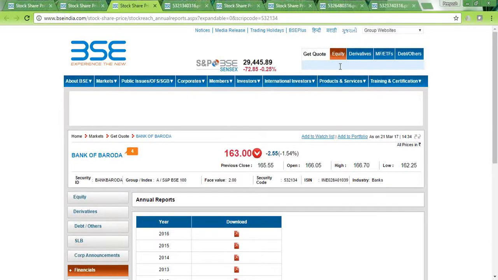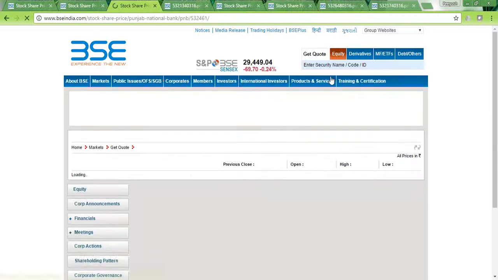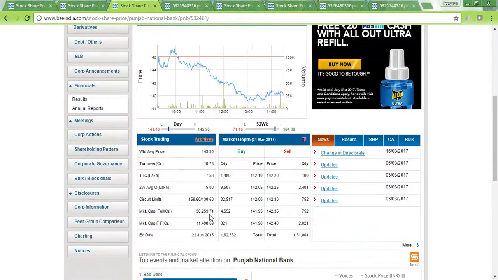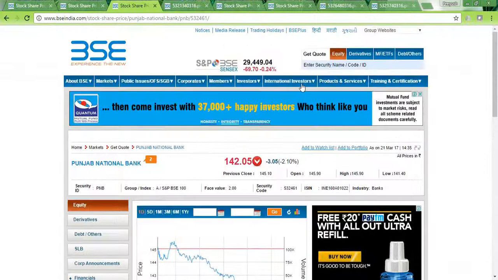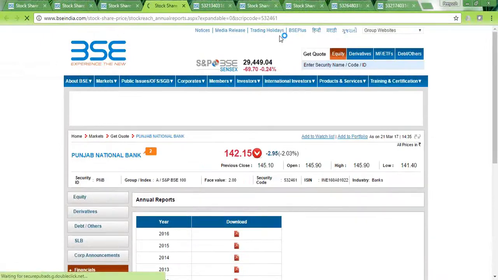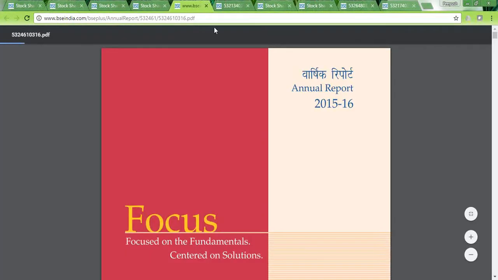Let's find this out for PNB, which is Punjab National Bank, and search the market cap for PNB. So the full market cap is 30,259 crores. So that's 30,259. Let's find this annual report for Punjab National Bank as well. So annual reports, 2016 annual report we find.